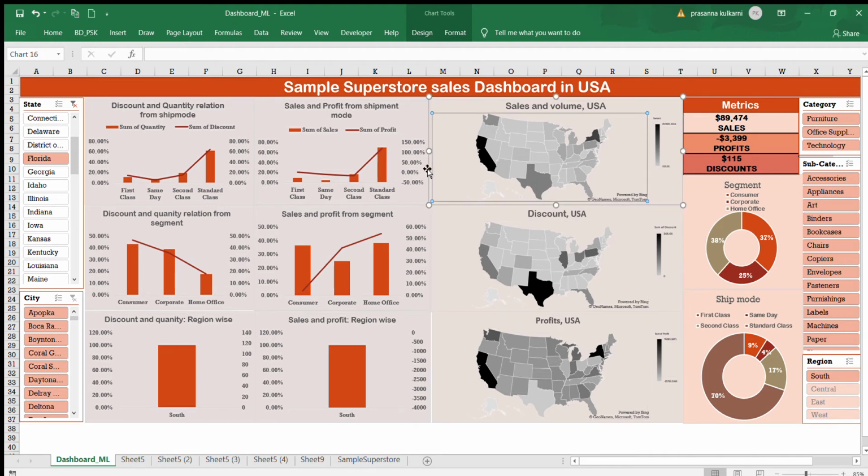superstore might run faster. We can see here the sales and profits made by shipment mode wise, and the sales and profit made by segment wise, that is consumer, corporate, and home offices. The home office and consumer profit made in Florida is almost equal, that comes under the south region.